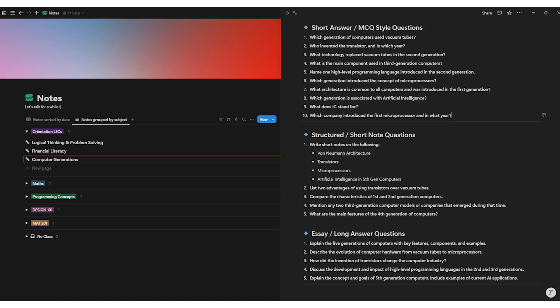Which generations did they use transistors? Transistors were used in second generations.